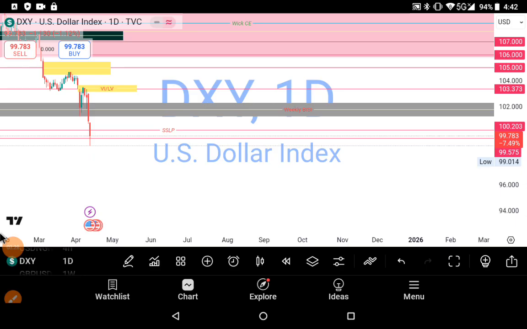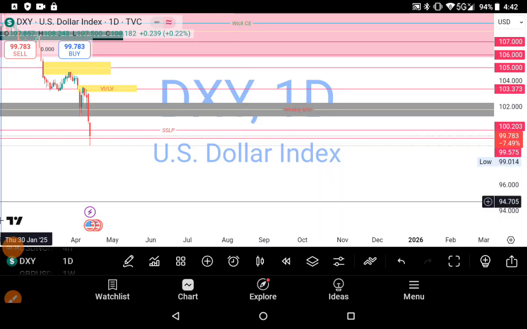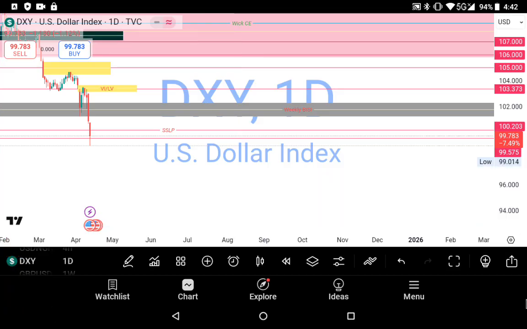So the lowest hanging fruit I'll be watching is the market price gravitating into 100.500. And this level here, this weekly buy side imbalance, sell side inefficiency, will be my target.